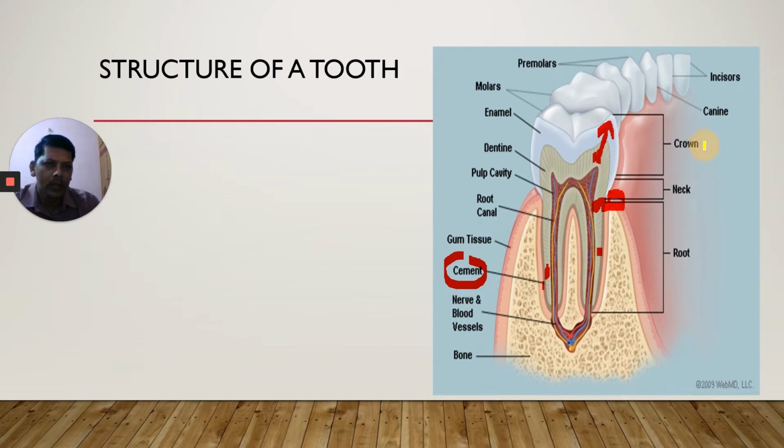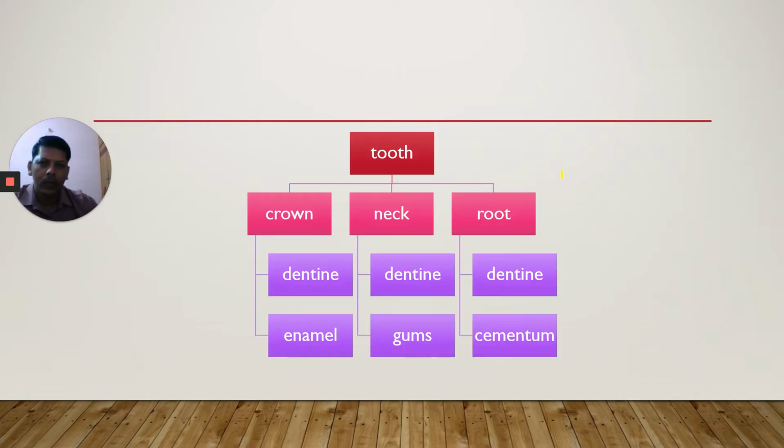This is the crown, this is the neck, and this is the root. Crown, neck, and root.